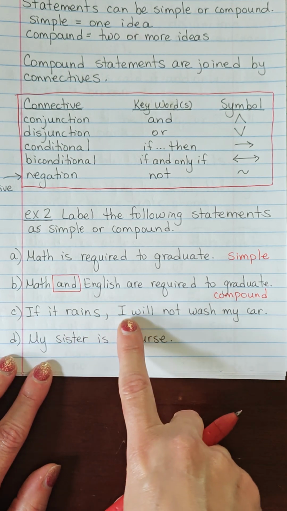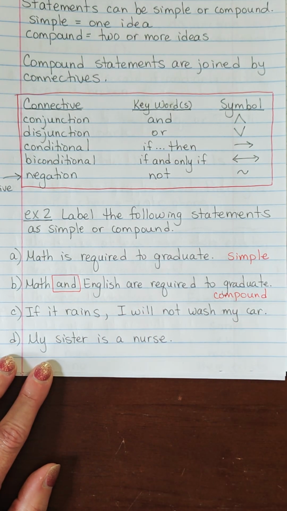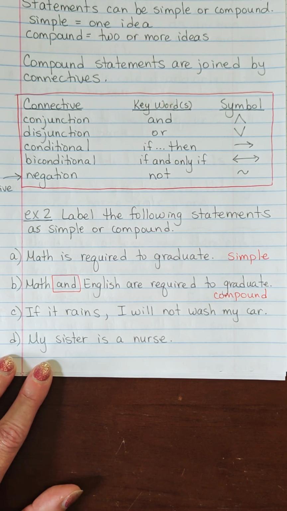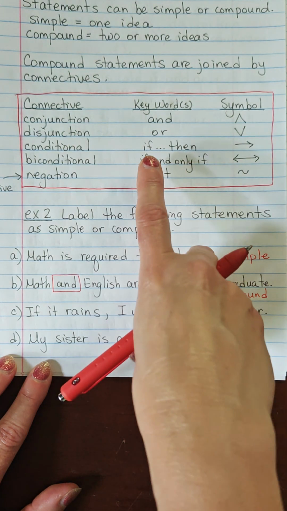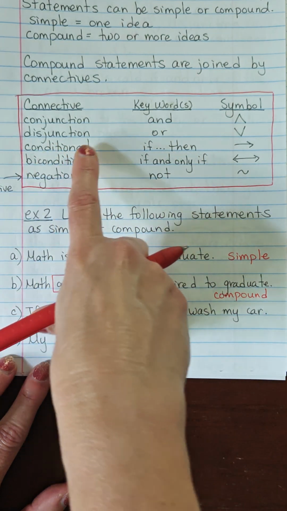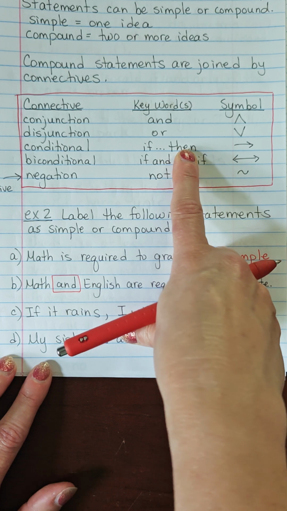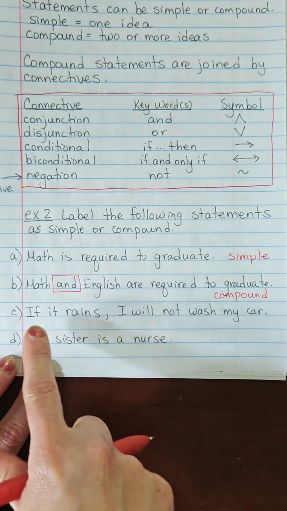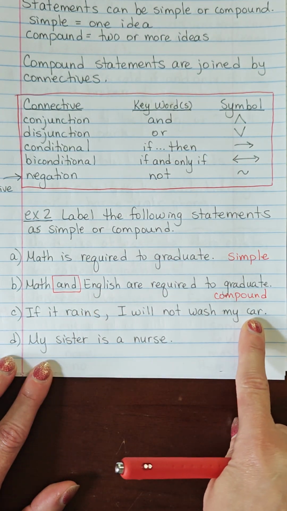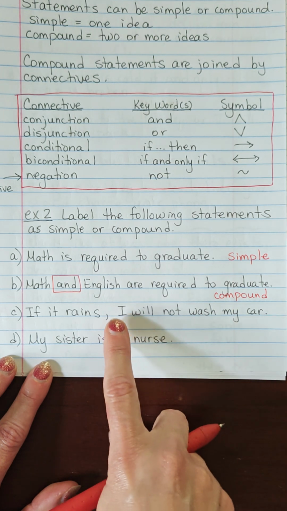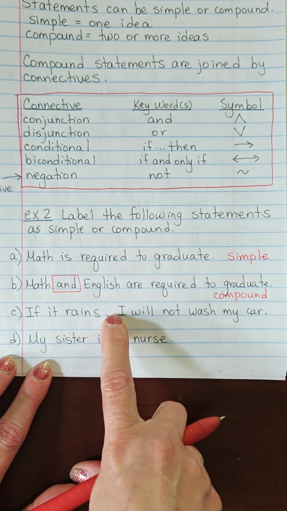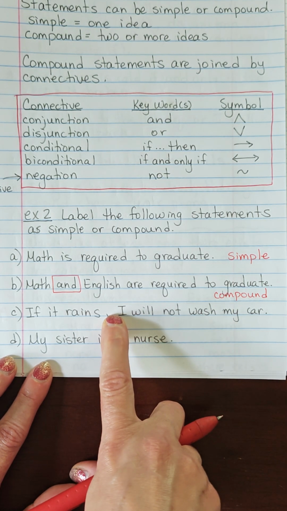If it rains, I will not wash my car. This one's a little tricky because Alex will sometimes use the conditional connective and not put the word then. It'll just imply it. So this is an if-then statement. But Alex just sometimes doesn't write the word then here.